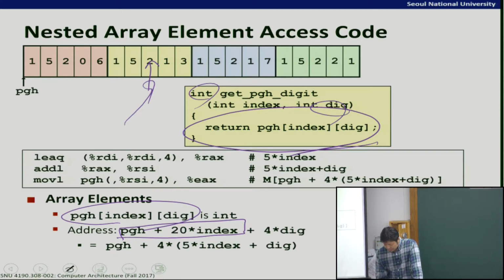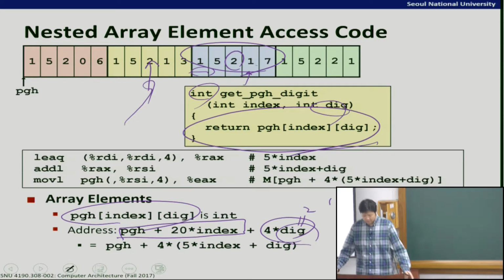And then this dig gives us the offset to the digit we want to access. Each digit takes 4 bytes. So if you want to access the third digit, the value will be 2. So now we're going to access this one, right?